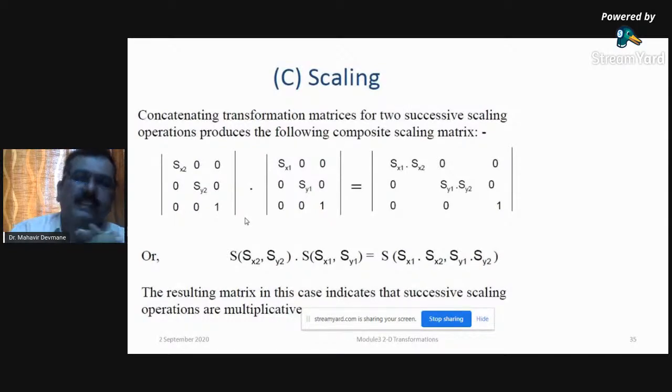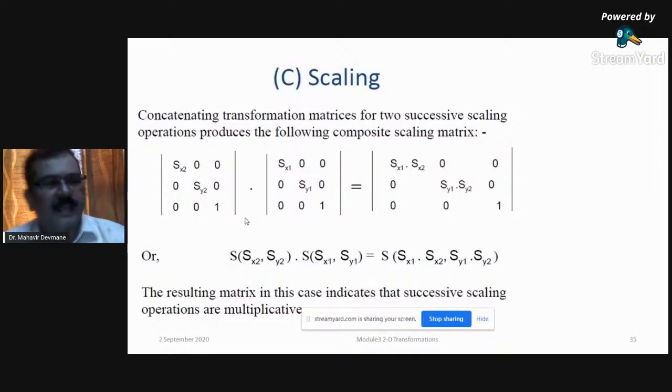So scaling is done with the help of two scaling factors. Sx means scaling in the x direction. Sy is the scaling in the y direction. Correct? So Sx and Sy are the scaling factors. Right? So here scaling of the object is given.